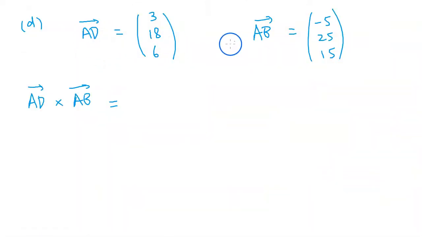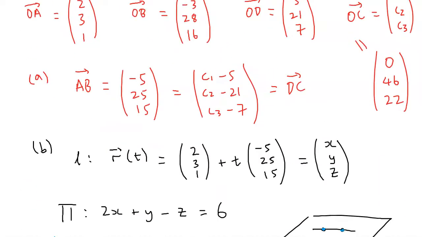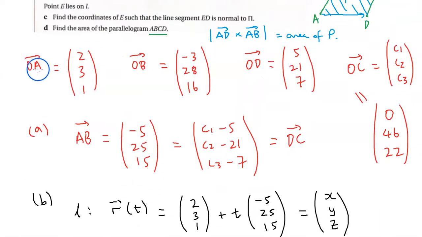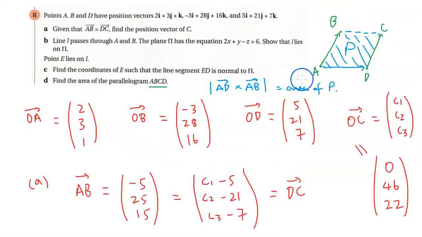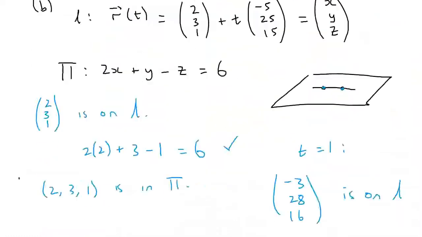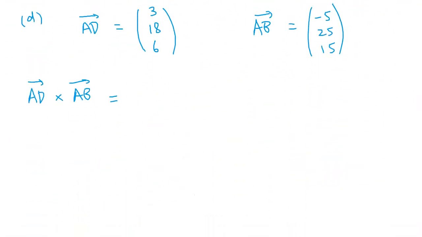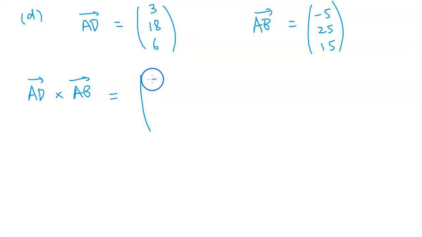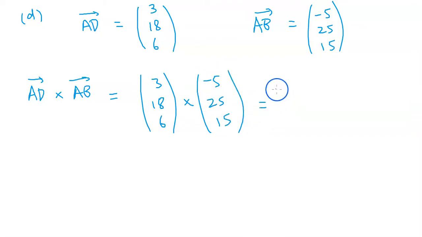Alright, so I just wrote out some of the details so I don't have to keep going back and forth. So the vector AD is, of course, the vector OD minus OA, and then we already calculated AB before. And we're looking for AD cross AB. So let's go ahead and calculate that. So this is (3, 18, 6) crossed with (-5, 25, 15). Okay, so the first entry, we delete the first row.